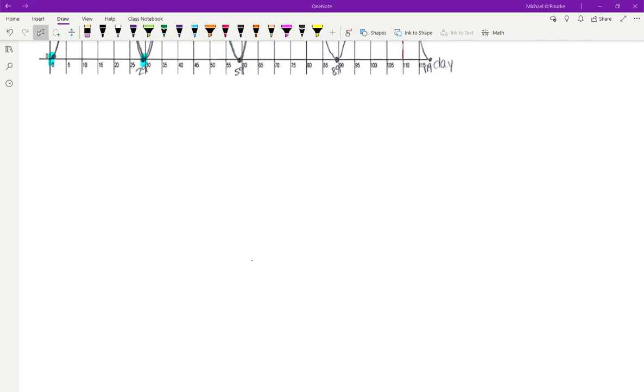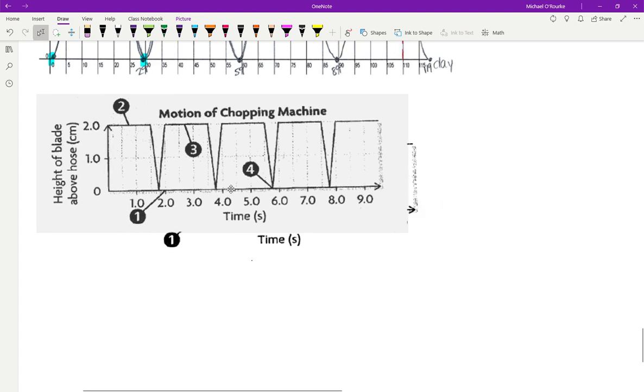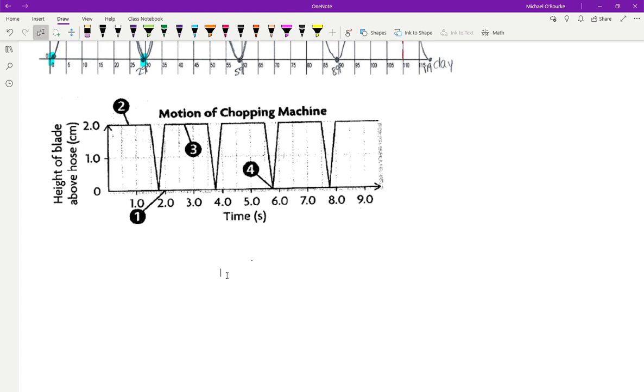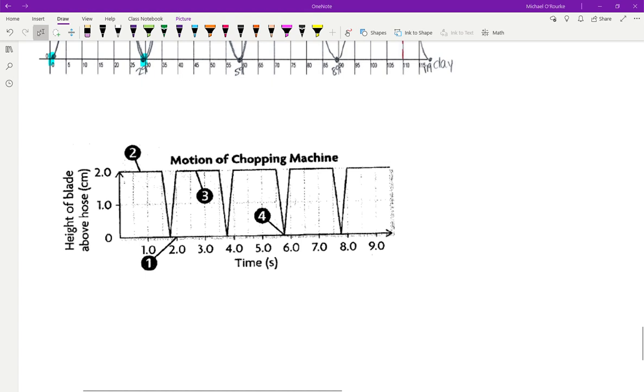Okay, I'll grab this one first. We'll work through the technical aspects of this, and then I'll ask you to explain it in real world terms.